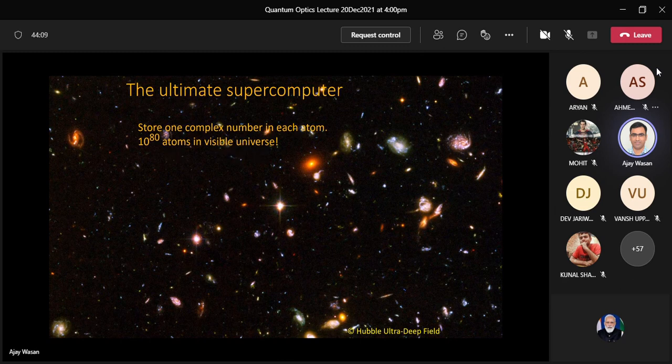Why am I giving this? Just to compare. If we take 270 spins, or 270 atoms, that can store that much information.